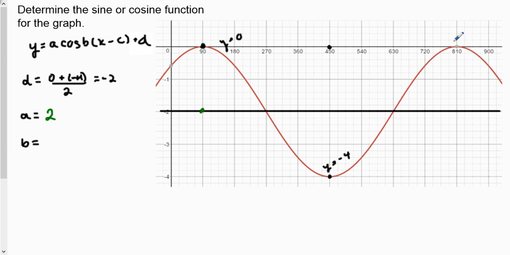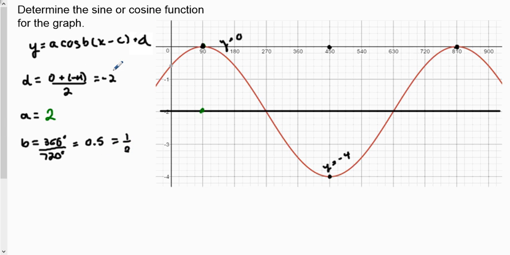So if I go another 360 degrees to bring me to 810 here, I see that I finally get repetition. What that means is that the new period of this graph is 720 degrees. So what I want to do is take my original period, which was 360, and divide it by my new period, which is 720. And I'm going to get that my b value is 0.5, which I can express as a decimal or as a fraction of 1/2.